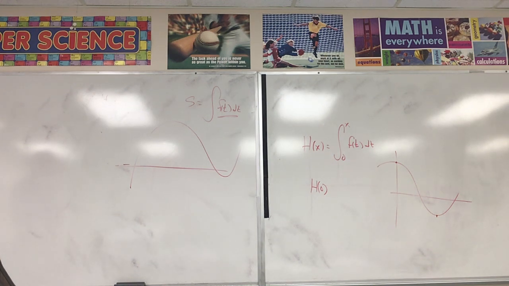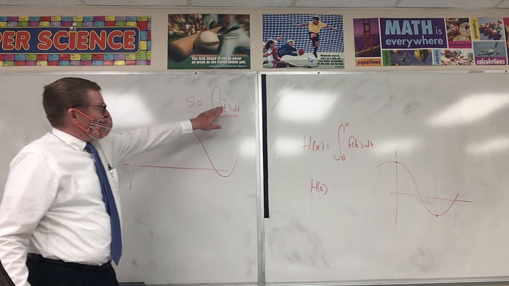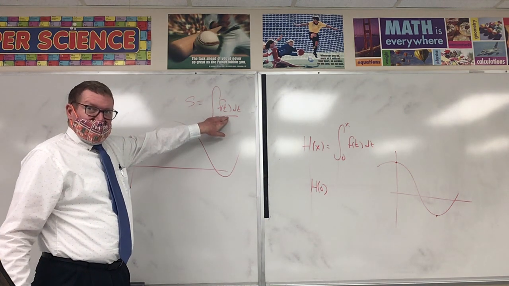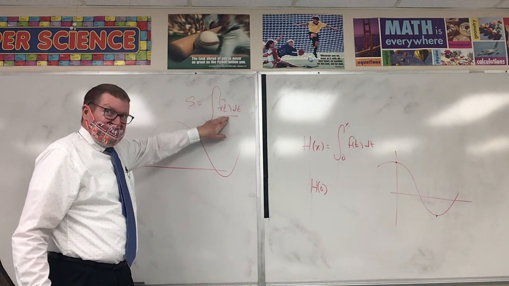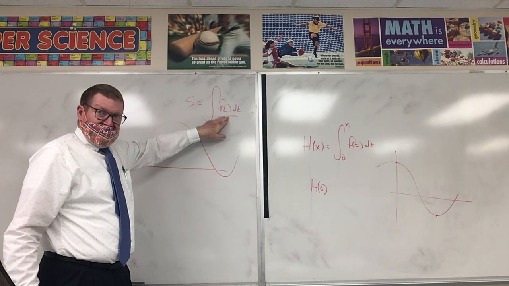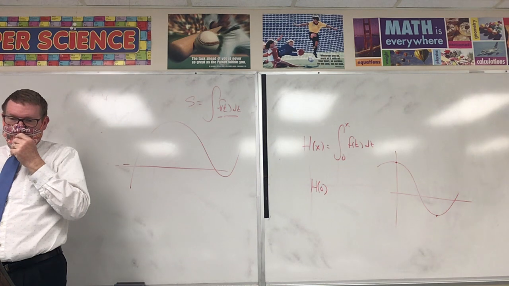Remember, what are we looking at? What's the graph? Look at what they say. y equals f of x. If this is position, then this is velocity. So what's the graph I'm looking at? Velocity graph.